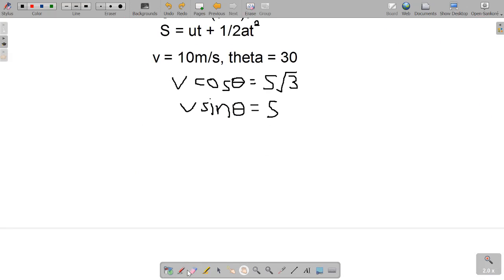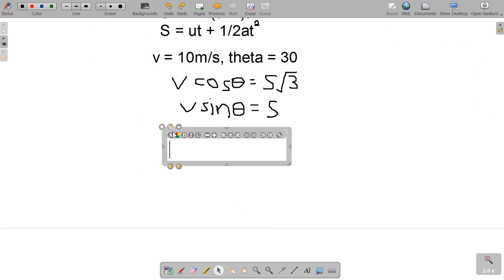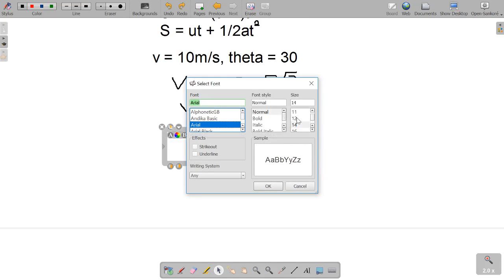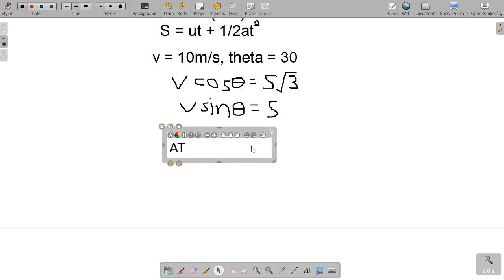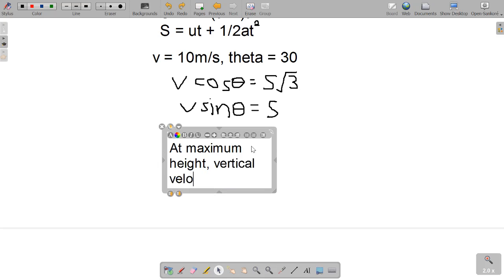One thing to note is that at maximum height, the vertical velocity equals 0.